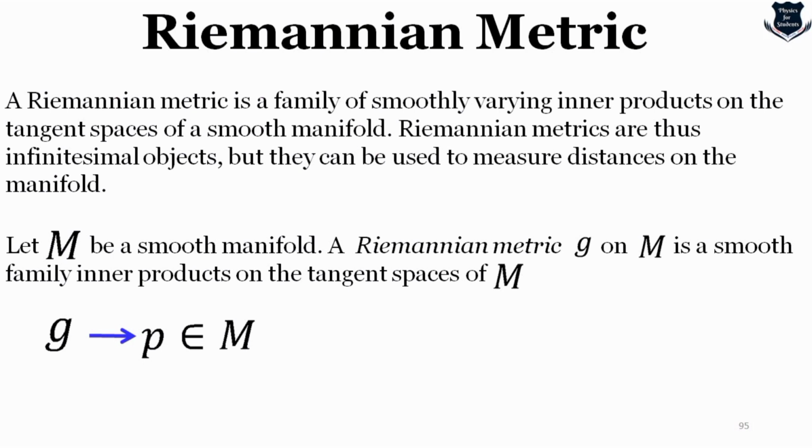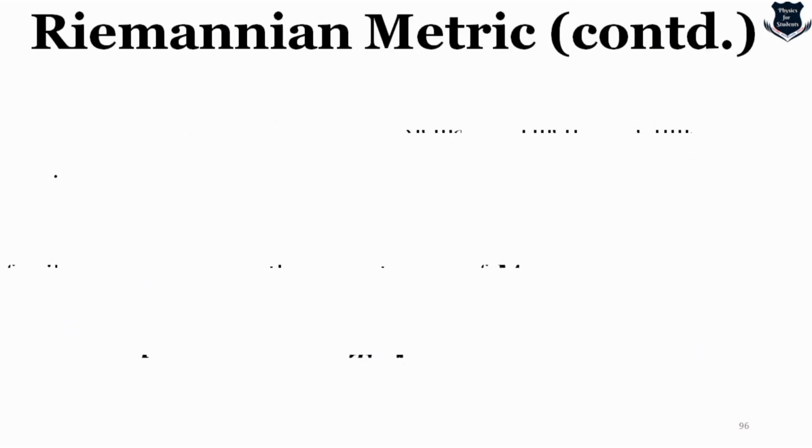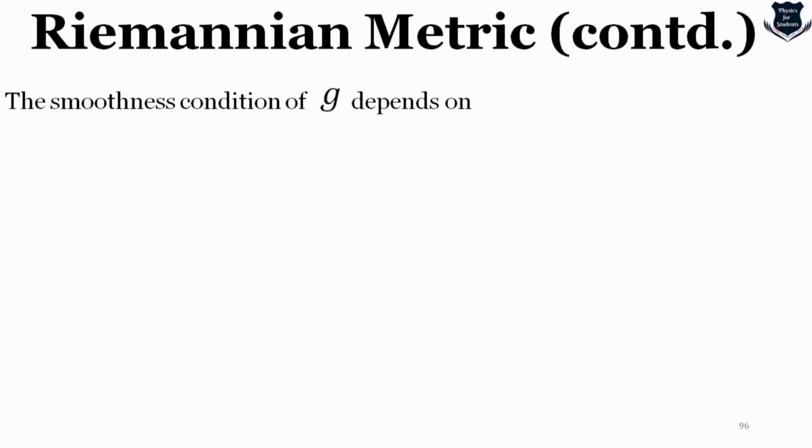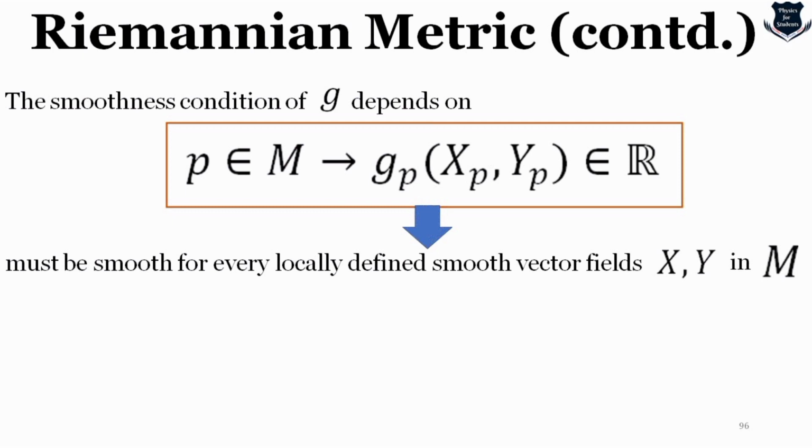So the smoothness condition on g refers to this. It must be smooth for every locally defined smooth vector field. So this is a positive definite symmetric bilinear form. And remember that we go further. The smoothness of g depends on p being a member of M and so on, which leads to it being smooth for every locally defined smooth vector fields X and Y on M.